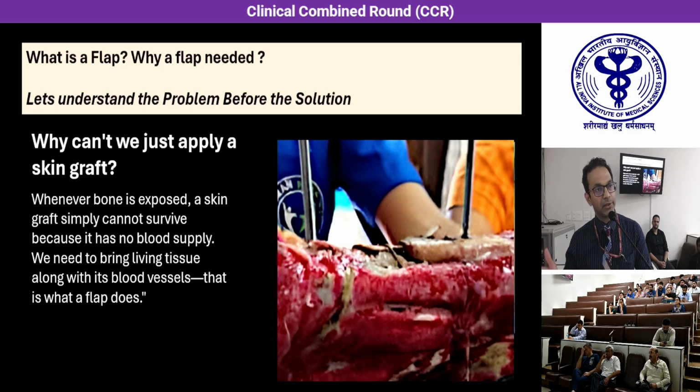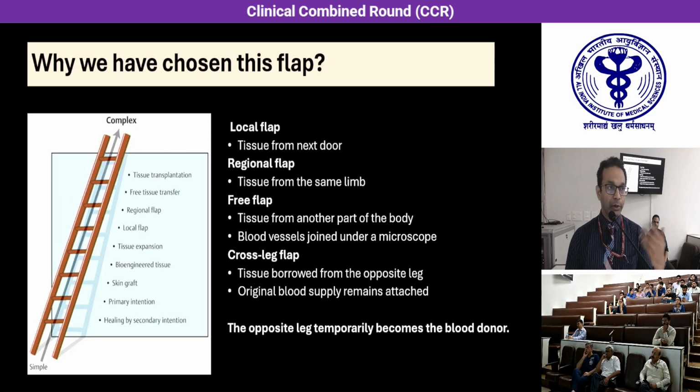But we have another problem. The problem is there is no vascularity. The tibial vessels are gone. When we plastic surgeons approach a wound cover, we use the reconstructive ladder, from simple to complex. We have different armamentarium of flaps: local flap, regional flap, free flap, and if all fails, then we go to this flap, the cross-leg flap.